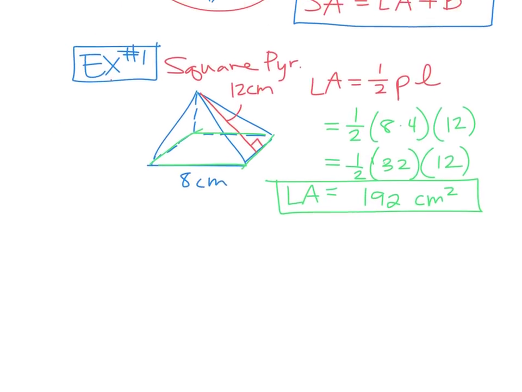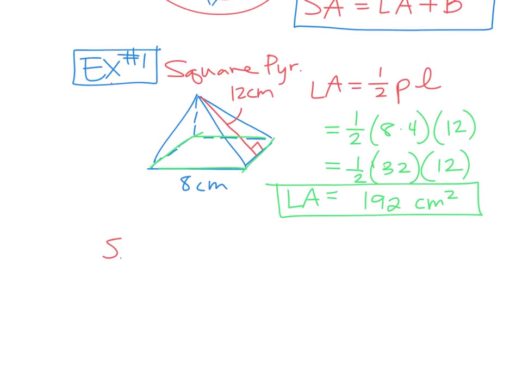Then we want surface area. And our surface area is the lateral area plus 1B. So it's 192 plus what? What is B? What does B stand for? Area of the base, okay?